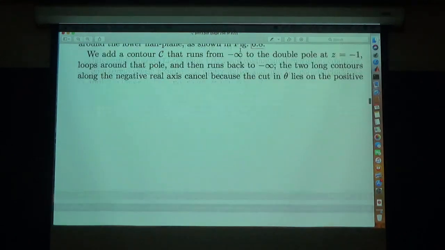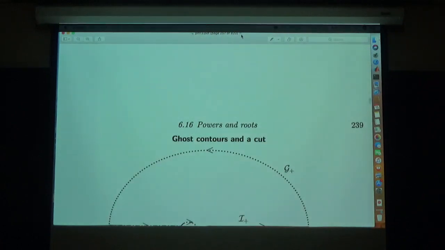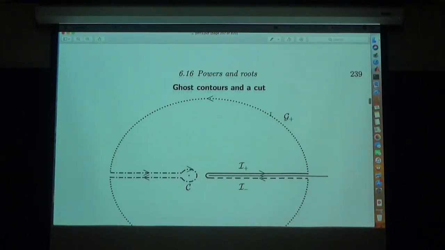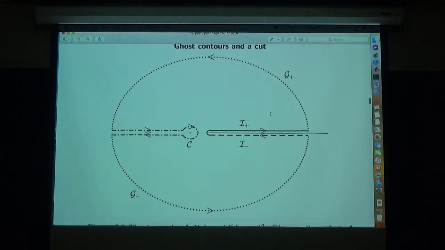And so what one does, finally, is to do this. We add, actually there are quite a few extra contours here. We add a Gauss contour G plus, we add a G minus Gauss contour.